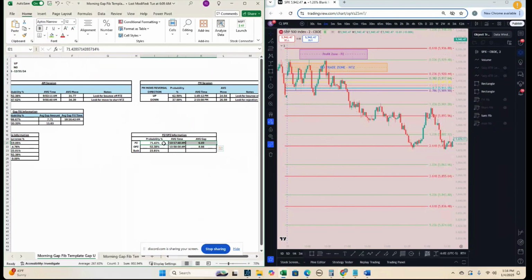Just FYI. 70%, I like. 80%, I love. 80%, I'm holding with confidence. I might walk away from my computer. 70%, I'm going to manage that a little bit more. Anything under 70, I'm making sure that I'm taking the best entries, if that makes sense.